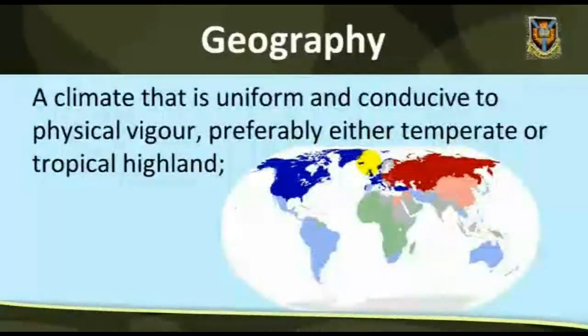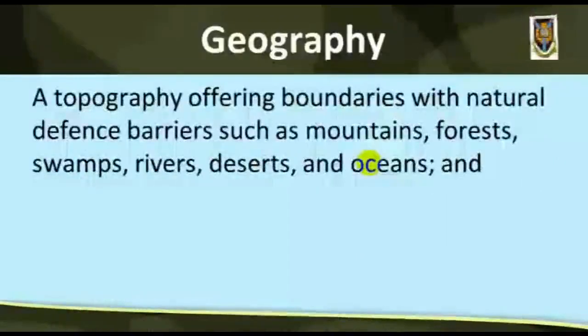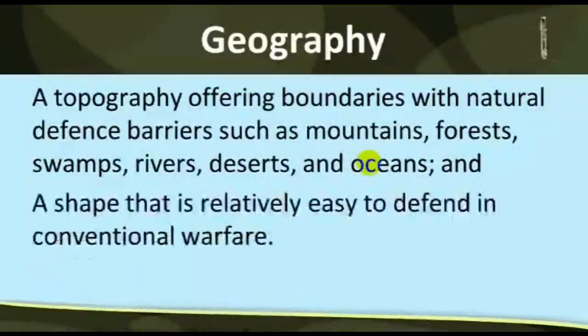A climate that is uniform and conducive to physical vigor, preferably either temperate or tropical highland. 3. A topography offering boundaries with natural defense barriers such as mountains, forests, swamps, rivers, deserts, and oceans. And 4. A shape that is relatively easy to defend in conventional warfare.